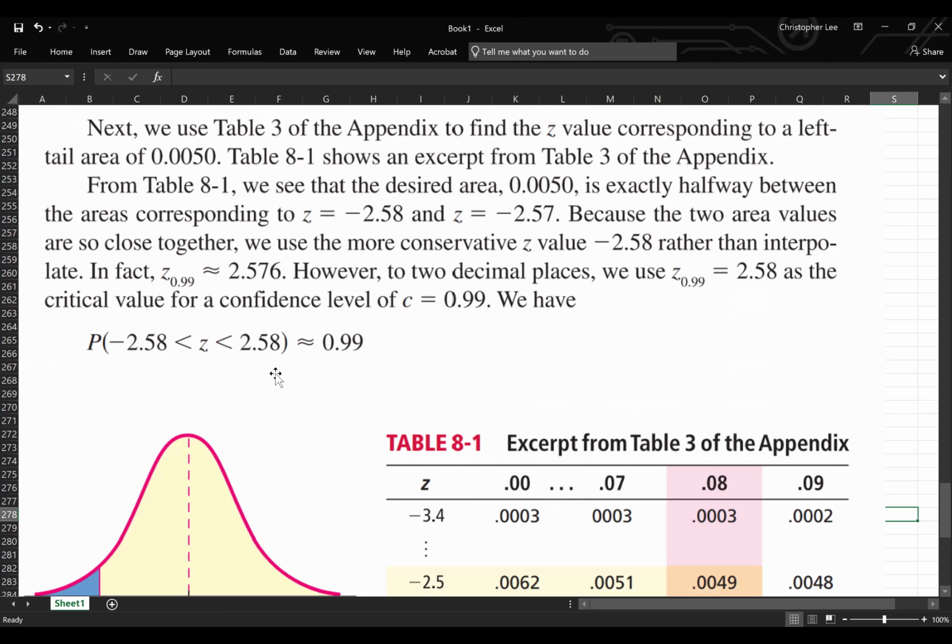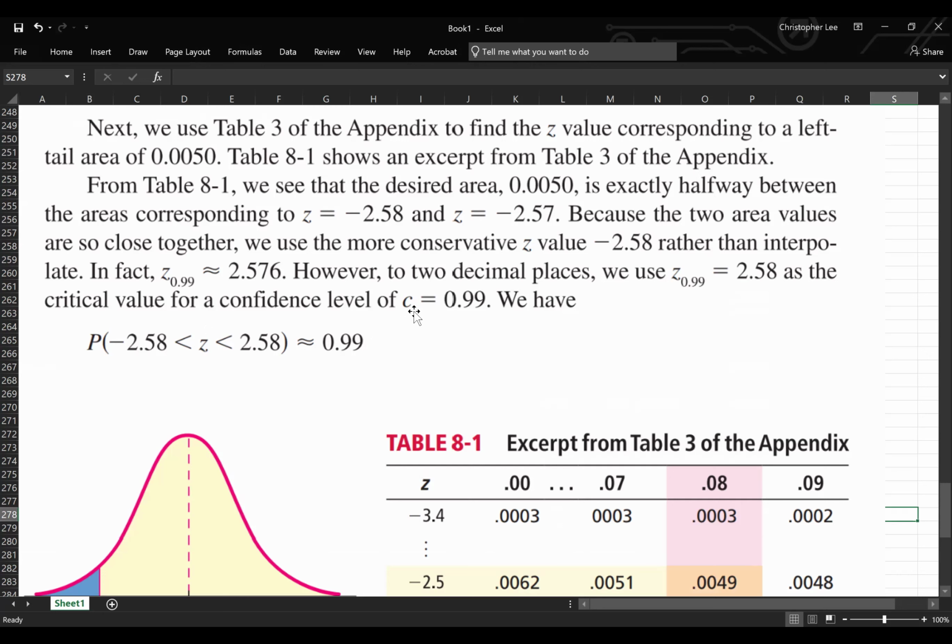We see that the desired area for 0.0050 is exactly halfway between the areas corresponding to negative 2.58 and negative 2.57. Because the two area values are so close together, we use the more conservative z value of negative 2.58 rather than interpolating. In fact, z for 0.99 is 2.576. However, to 2 decimal places we use the z value for 0.99 equal to 2.58 as a critical value for the confidence level.